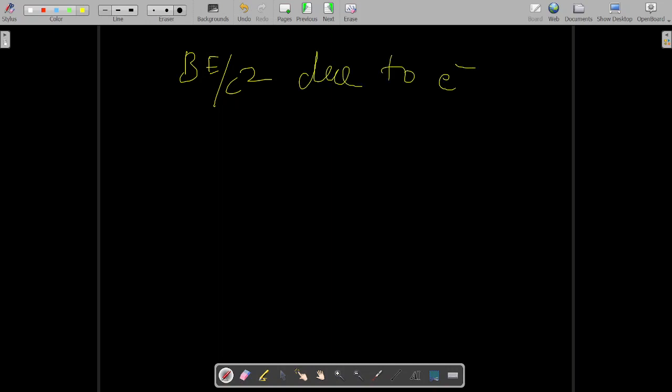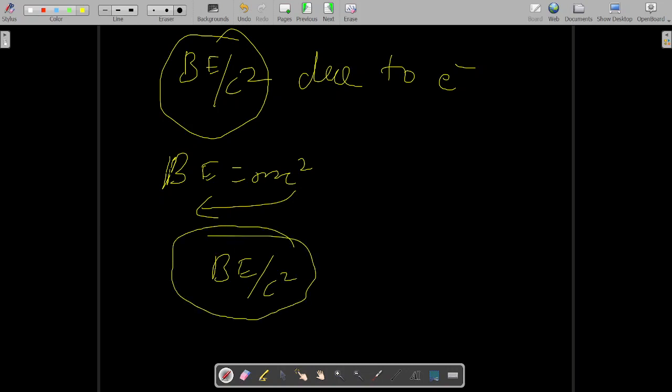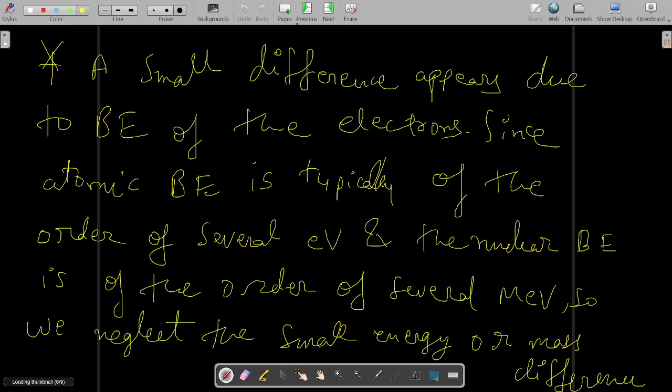What is the Be by c square? The binding energy will be equal to your mc square. So take the c square over here, so Be over c square will come. That is your mass lost.